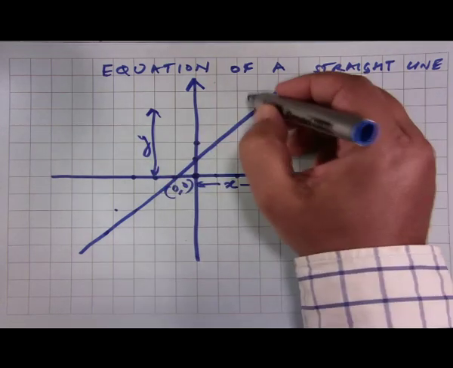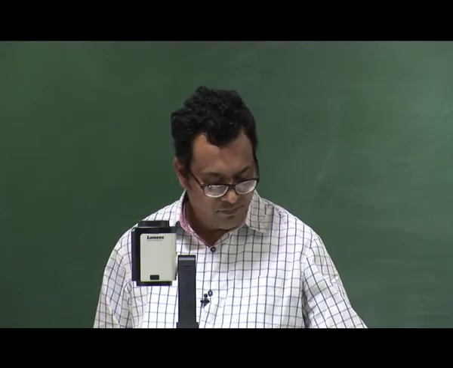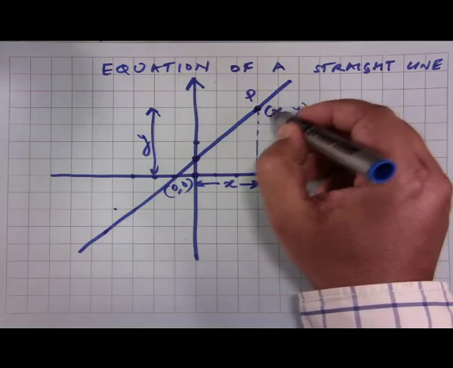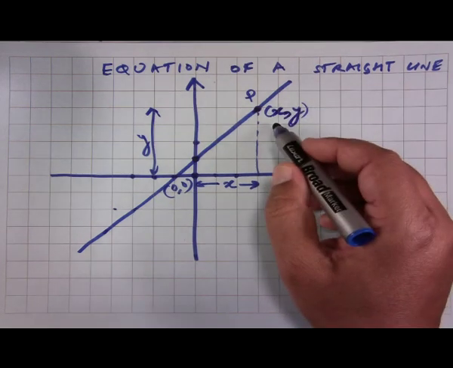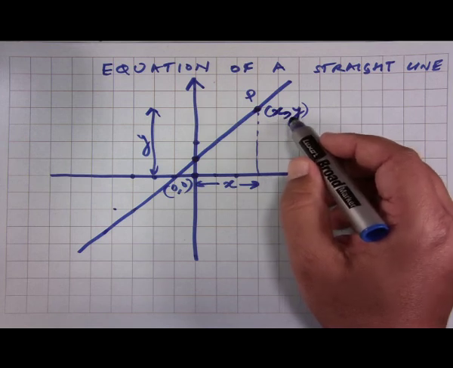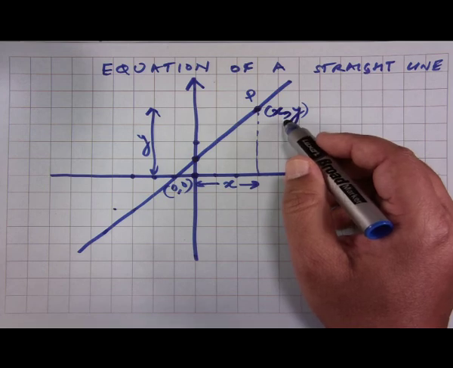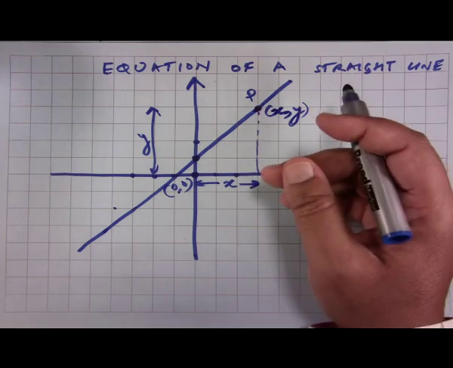So, we have a point P here. Then we went on finding out what property this x and y should satisfy, so that it will lie on this straight line.